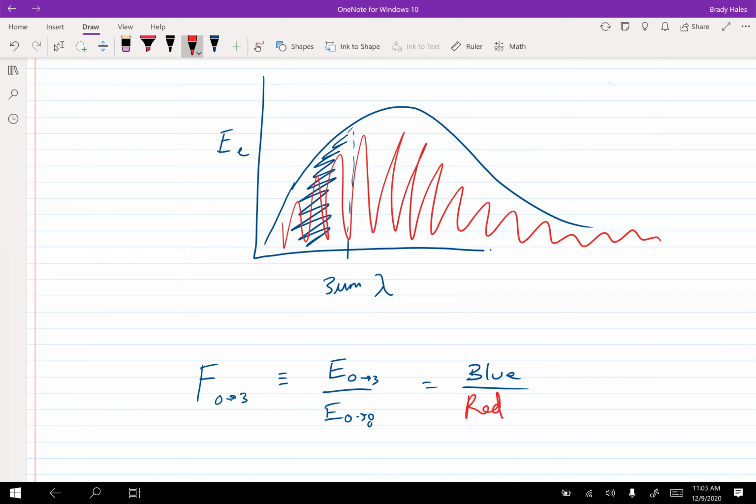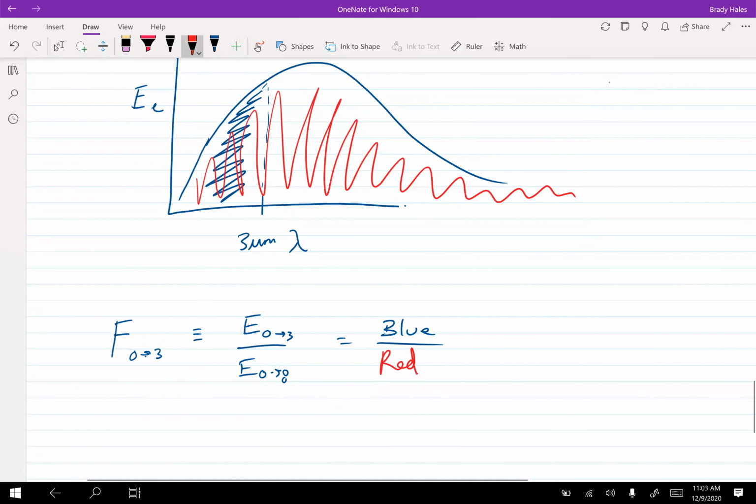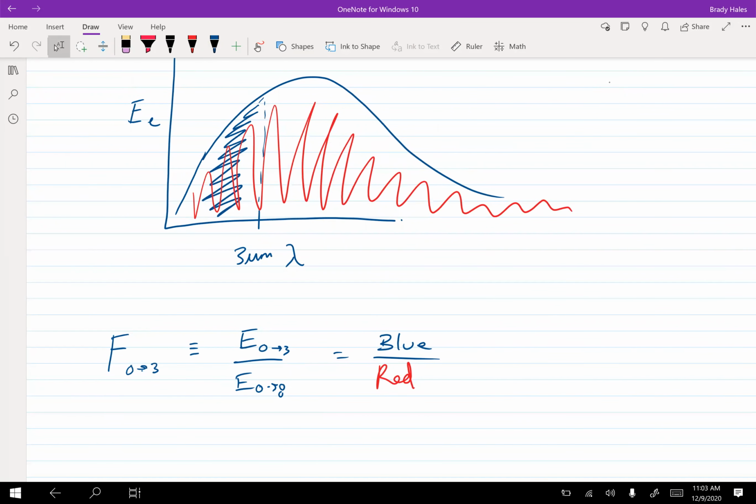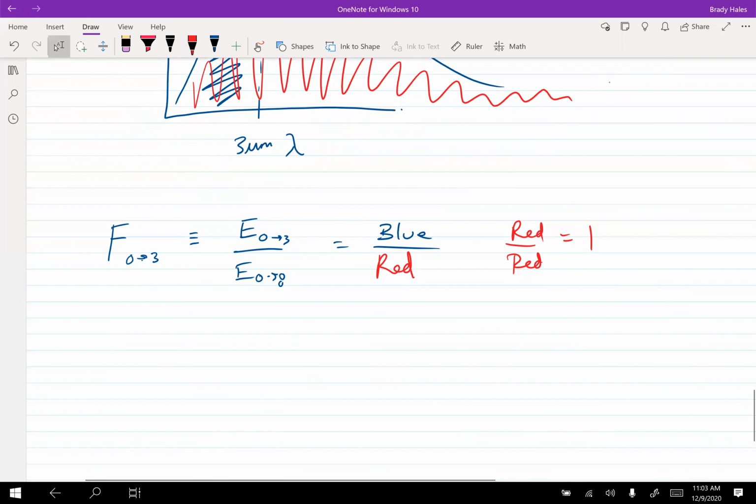So conceptually, what is the largest value F could ever be, right? The largest value it could ever be is red divided by red, which is equal to 1. So the band emission fractional function is simply a fraction representing how much of the power is emitted in that band.